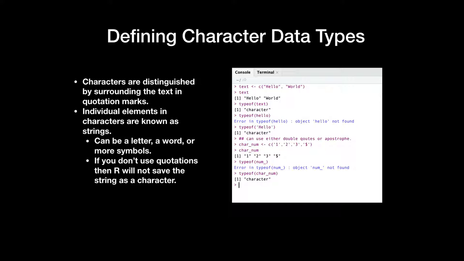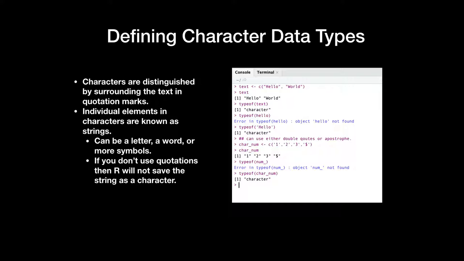But if we were to just type in the word hello with no quotation marks, it would give us an error, since the object hello is not found. You would have to put it in quotation marks in order for it to return a value, which we see just below. R does return that as a character data type.